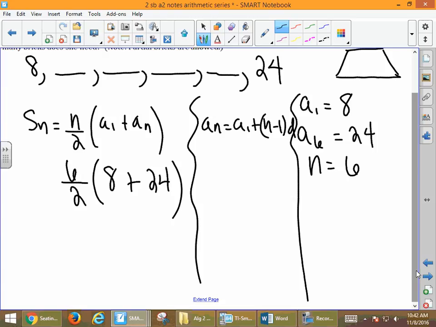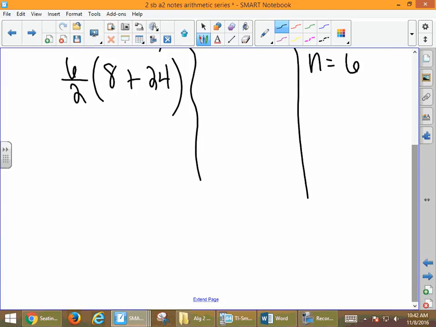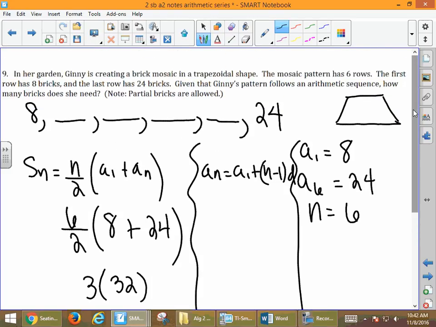And again, we can type this in, and we get 3 times 32, which is 96. What I did is I found the common difference, and then I put these values in, and then I checked to see if it added up.